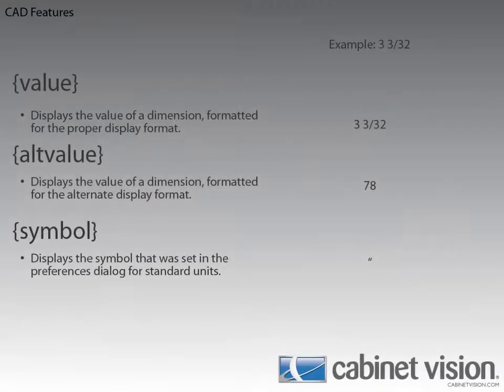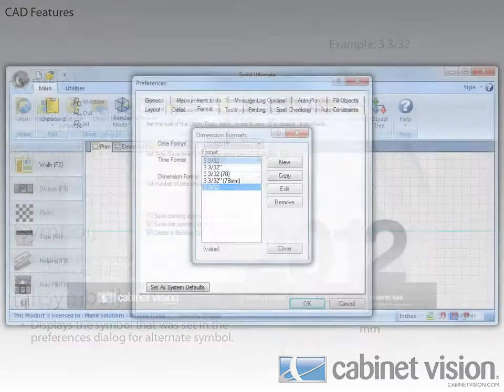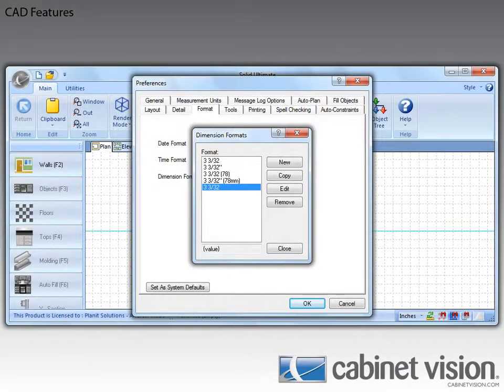Since we have a value variable and an alt value variable, it only makes sense to give you an alt symbol variable. Again, because we're working in imperial units and I haven't changed the default symbol for metric units, this variable will display the symbol. Getting back to the Dimension Formats dialog, you can see that a new format was created.